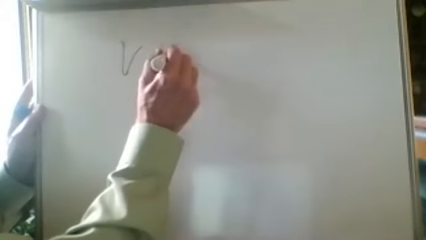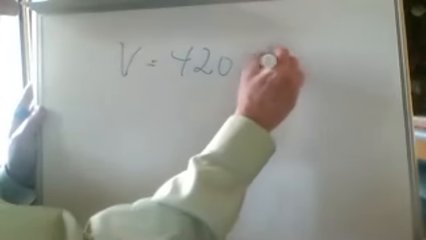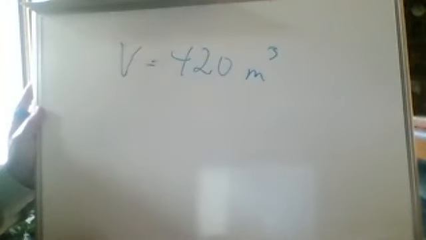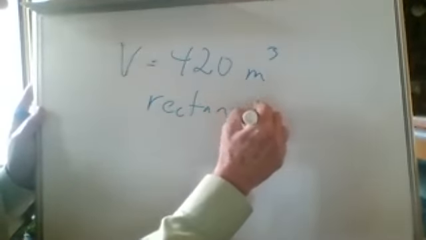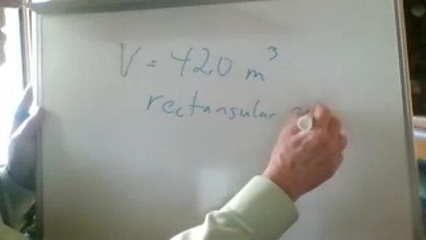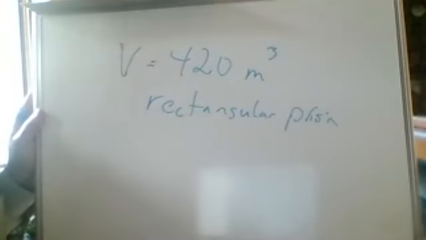Next problem. I'm going to give you the volume. The volume of a rectangular prism is 420 meters cubed.